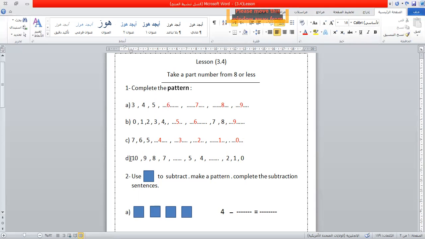Okay, let's see this pattern. Here in pattern number C, we are going to count down: 7, 6, 5, 4, 3, 2, 1, and 0.